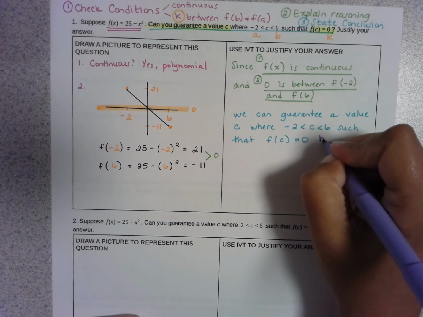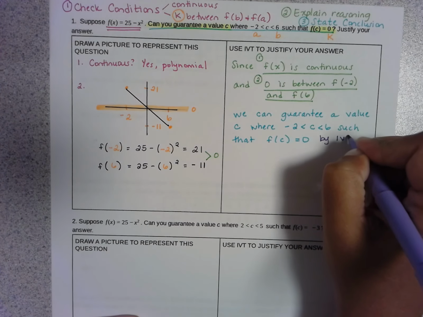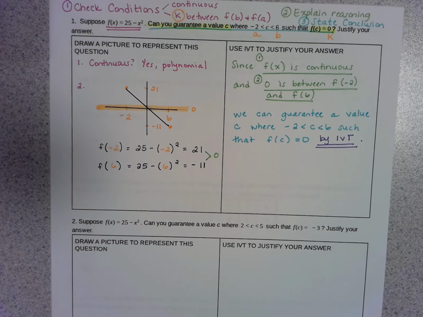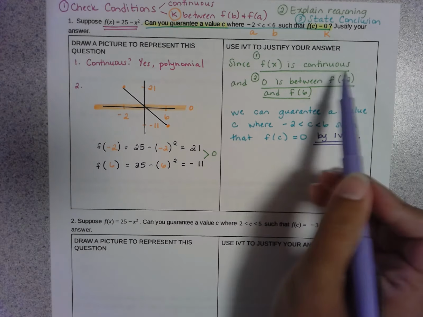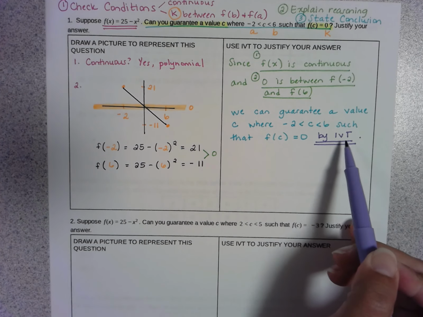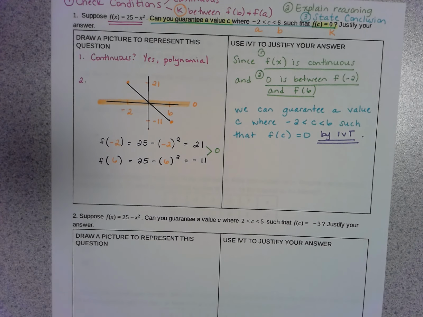So we can say by IVT. Now that by IVT is what tells us that these two conditions satisfy the intermediate value theorem, so we can draw our conclusion using that theorem. So since these two things are true, we can make this guarantee using the intermediate value theorem.